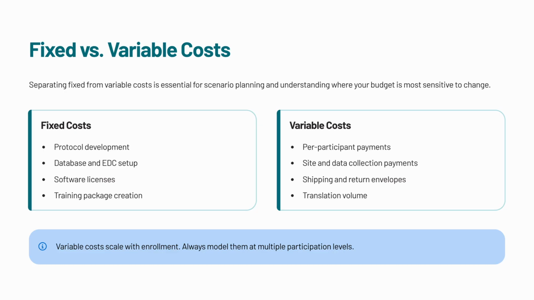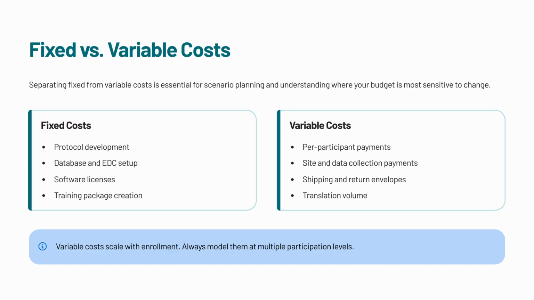A useful next step is separating fixed costs from variable costs. Fixed costs are expenses you will likely have regardless of how many participants enroll, such as protocol development, database setup, software licenses, and creating training materials. Variable costs change as the trial grows. These include participant payments, site payments, shipping, return envelopes, and translation volume.